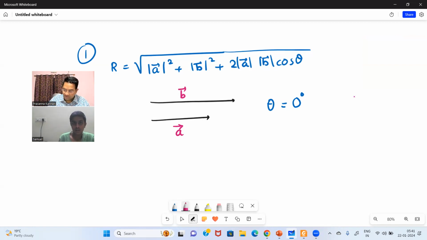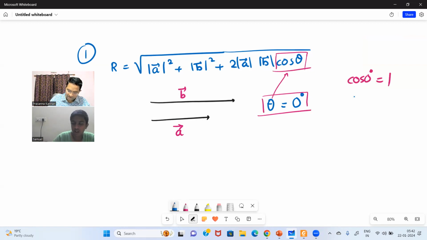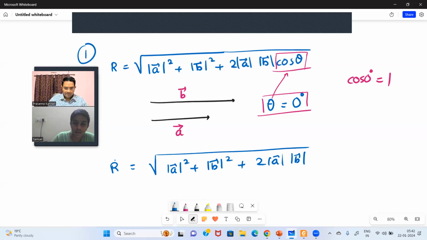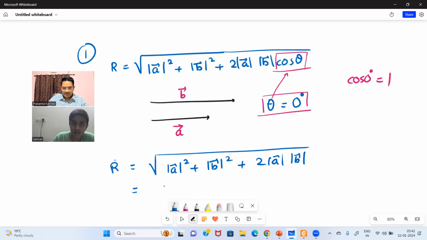So when you substitute theta is equal to 0 here, right? What is cos 0? 1. So what does this resultant become? Modulus of a squared plus modulus of b squared plus 2a into modulus of b. So what is this? Isn't this a square plus b square plus 2ab? Yes. So what is that? Modulus of a plus modulus of b whole square.